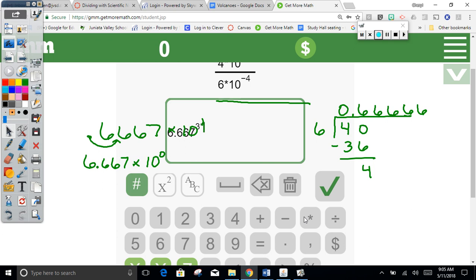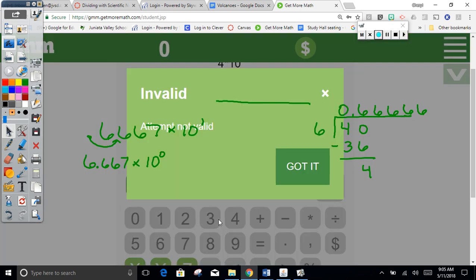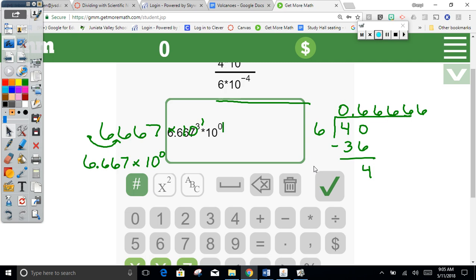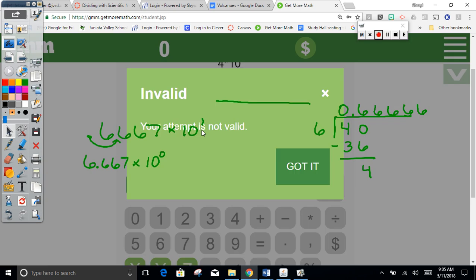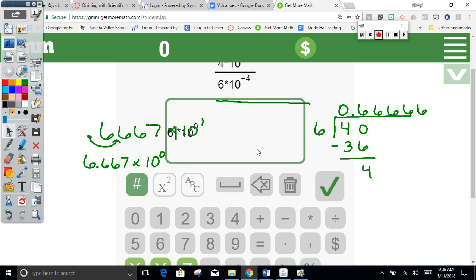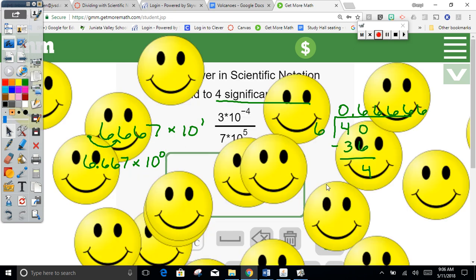Times, no, there we go, times 10 to the 0 power. No, it's not valid. What did I do? Oh, I see that. I didn't mean enter, I meant backspace. 6.667, okay. Whew! There we go.